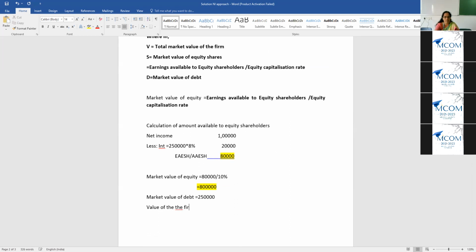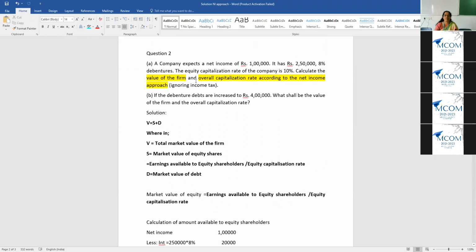Value of the firm is equal to S plus D. This is your S and this is your D. So 8 lakh plus 2,50,000 would give me 10,50,000. So you have calculated the value of the firm. The first part of the answer is done.